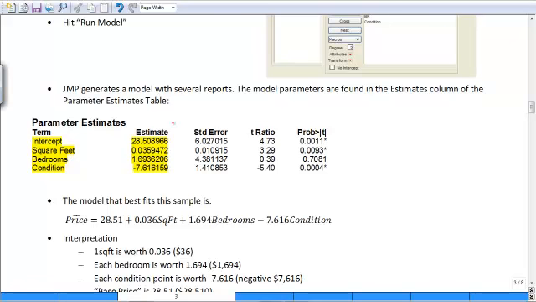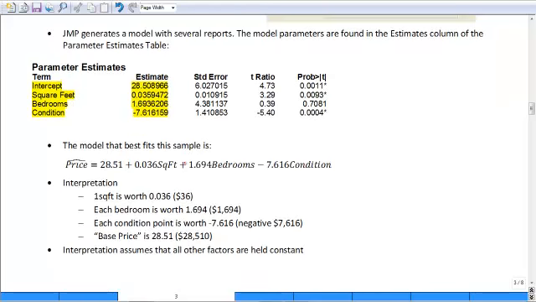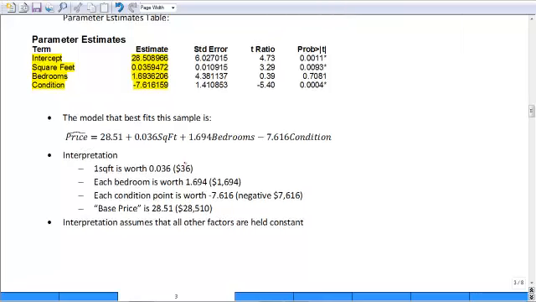From the first 2 columns, we see that the model is y, or price, equal to 28.51 plus 0.0359 times square feet plus 1.694 times the number of bedrooms minus 7.616 times the condition of the house. This can be interpreted as each square foot is worth 0.036, or $36, because price is in thousands of dollars.